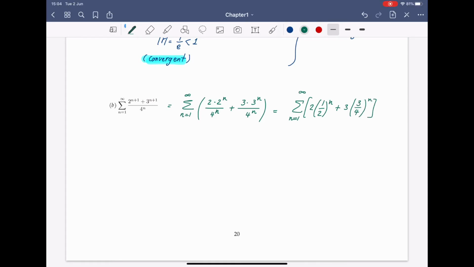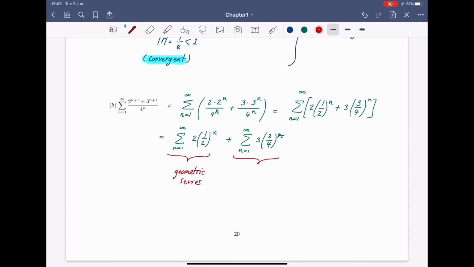Then after that, I have summation n from 1 to infinity of 2 times 1 half to the n plus summation, so I just split two terms, 3 times 3 over 4 to the n. You can see that both of them are geometric series, right? So this thing is a geometric series.